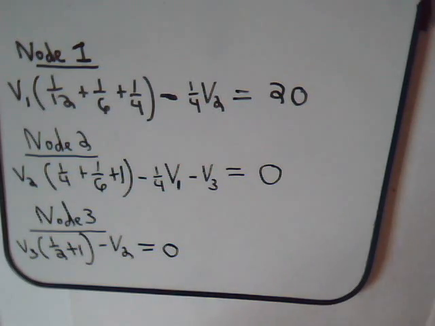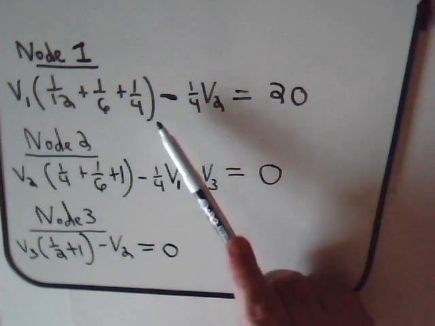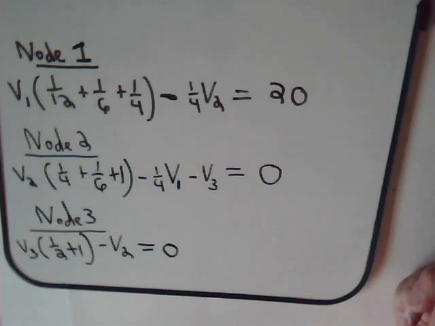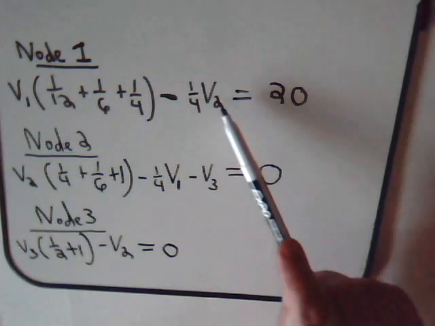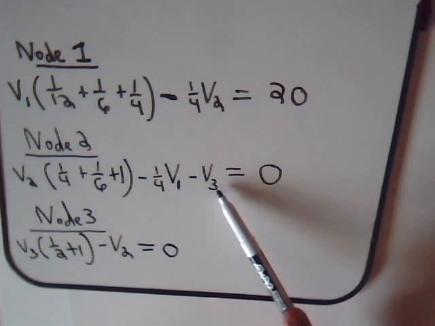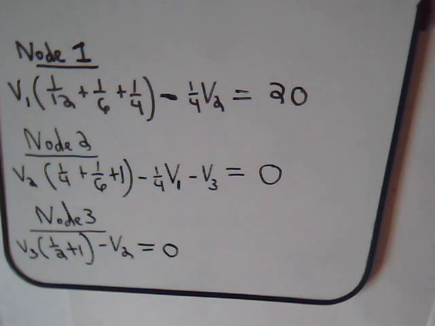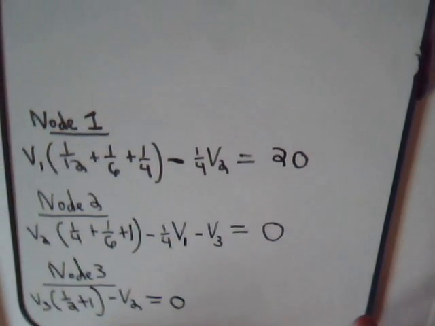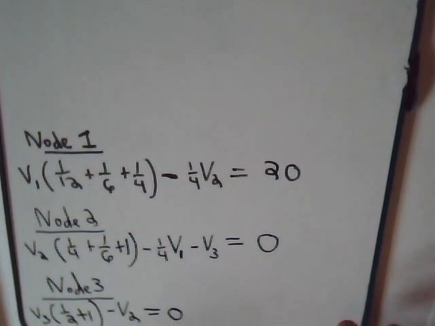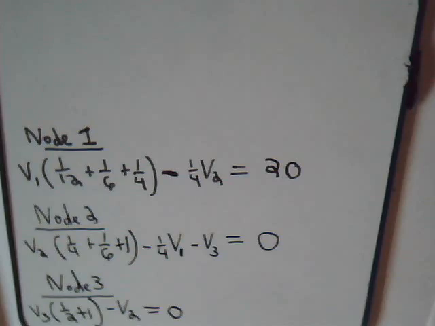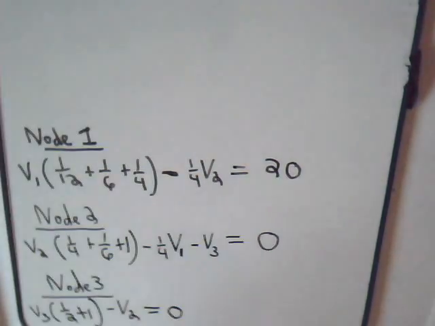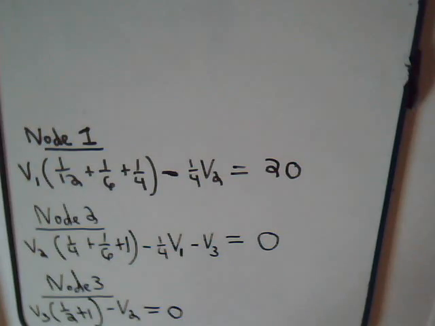So here we have our three node equations, three different equations, and we have three unknowns to solve for: voltage V1, voltage V2, and voltage V3. So let's go back to here. Here we have 1/12 plus 1/6 plus 1/4.